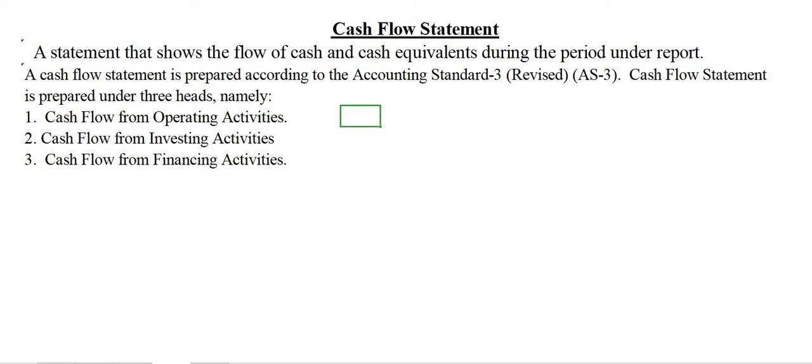What will happen to cash? Cash will go out. That means outflow of cash for investing activity, that means for investing money into the asset or buying an asset. So that is investing activity. Like that, if we sell an asset, we will get the money. So it is inflow of cash from investing activities.